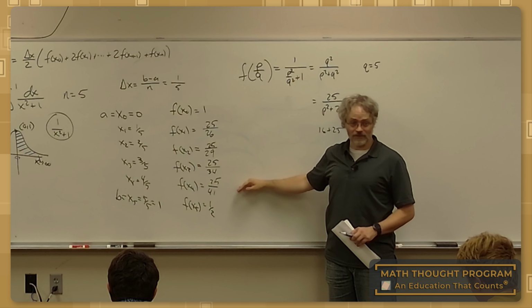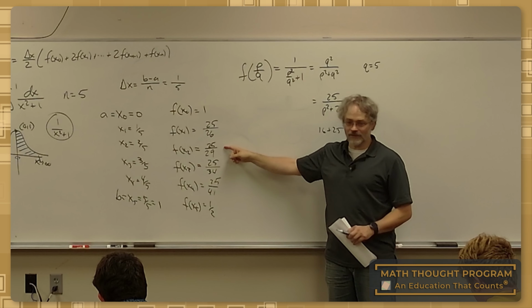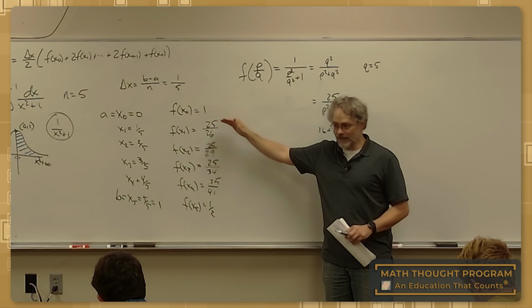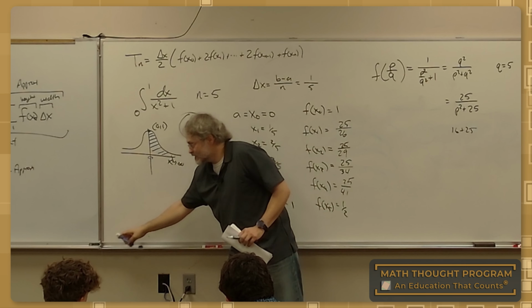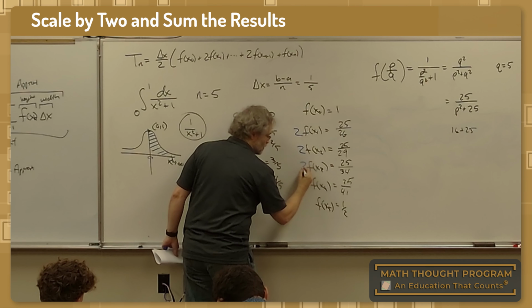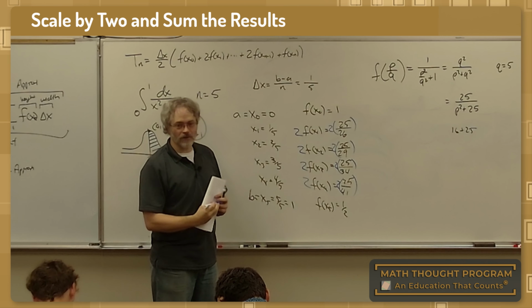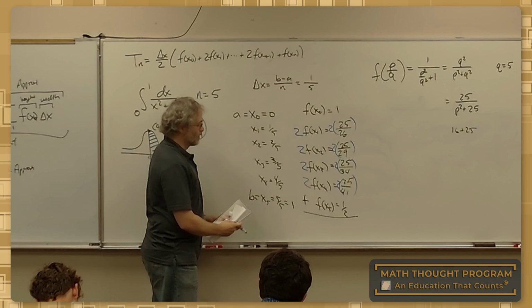After you do the evaluations of the function, multiply everything by 2. And notice here in this case, this is the exact value. I didn't do any approximations, so my answer is exact so far. Whenever I start doing approximations, that's where things get a little funny. You multiply everything by 2, and after you multiply everything by 2, add everything up.